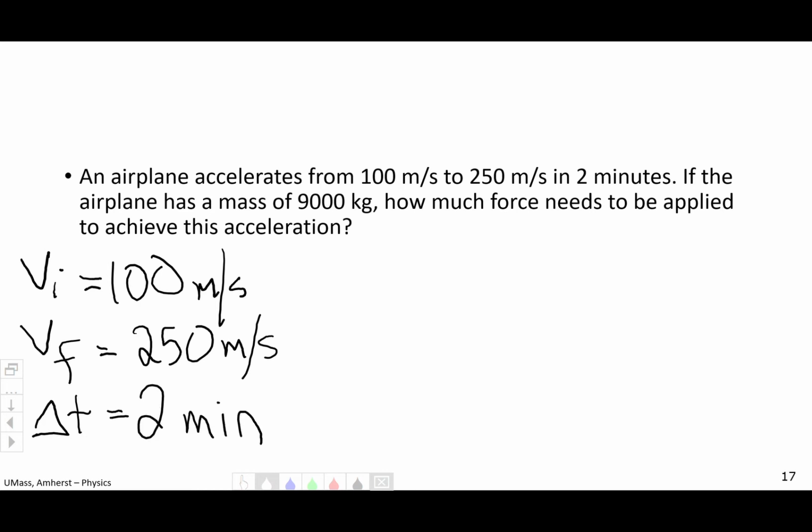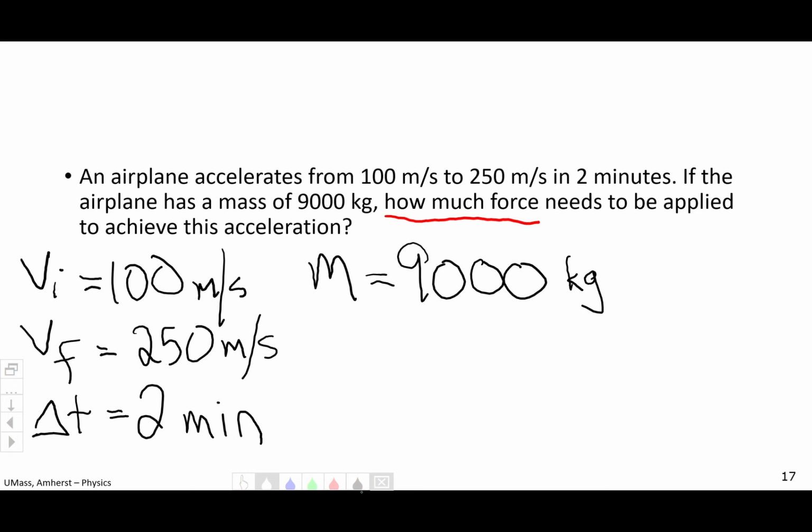The airplane has a mass of 9,000 kilograms. And what we're being asked is how much force. So we want to know what is the force that is required to generate this change in motion.